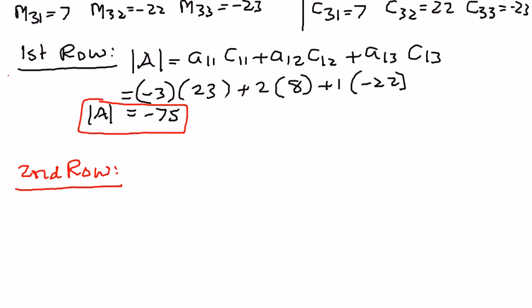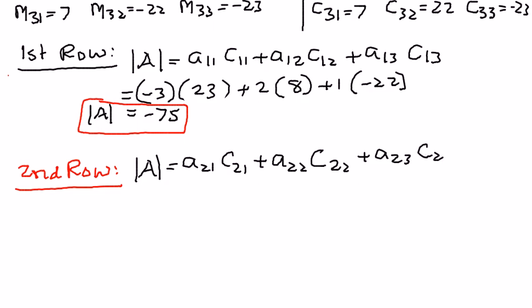So the determinant there can be written out as A21 C21, A22 C22 plus A23 C23. We know the values of A21, A22 and A23.